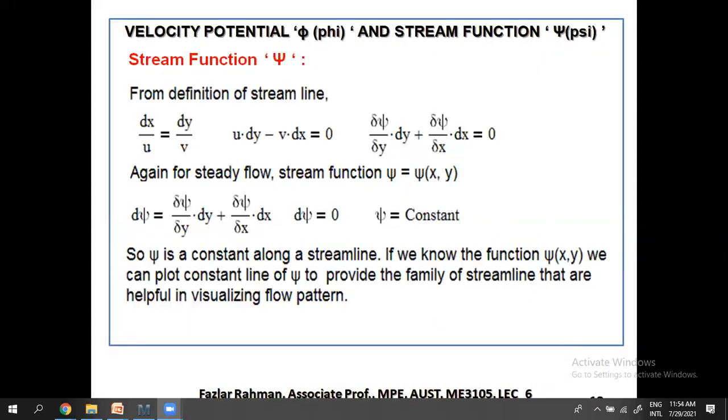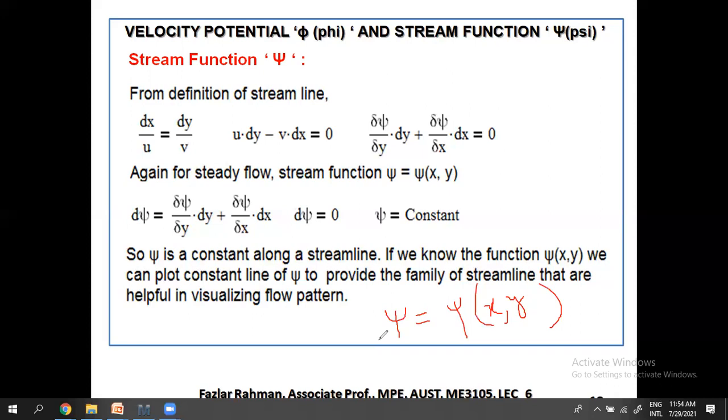Okay. Now we would like to check what the stream function looks like. You see, the stream function is for two-dimensional flow. That means the stream function psi equals psi of x, y.